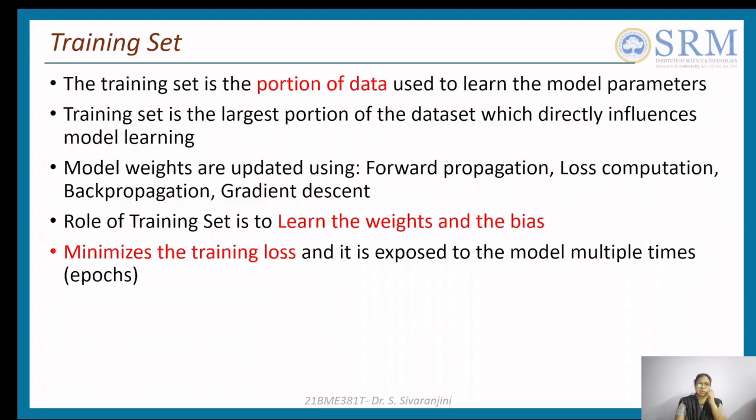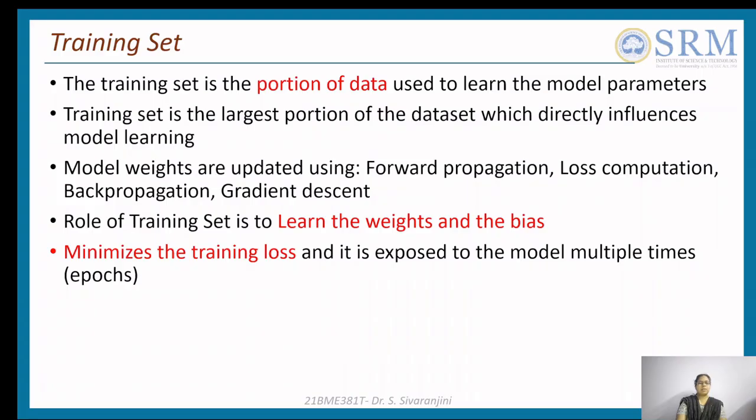Here it minimizes the training loss, and it is exposed to the model multiple times, in the sense at different epochs. You'll see what this epoch is when we cover the hyperparameter tuning portion. The main target of the training set is to minimize the training loss.